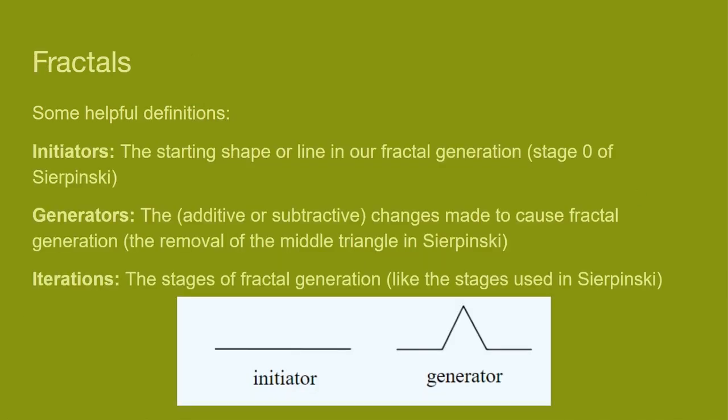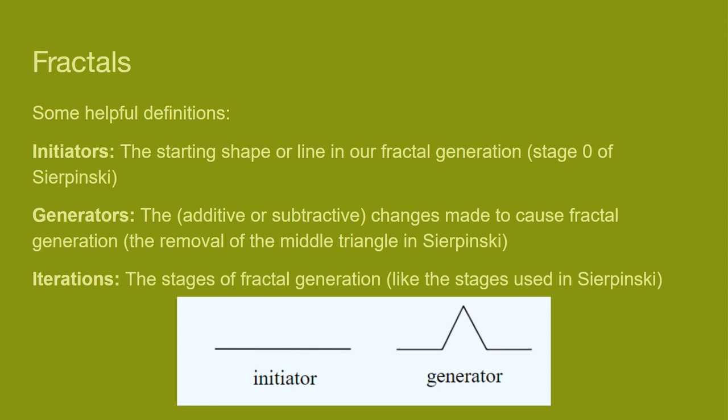Now I'm going to move on to fractals. Here are some helpful definitions as we move into fractals. Initiators are the starting shape or line in our fractal generation, i.e. stage 0 of a Sierpinski, which is just your triangle, or you can even think of what we looked at last slide, the curve would be your initiator. Now, generators are the additive or subtractive changes made to create fractal generations.